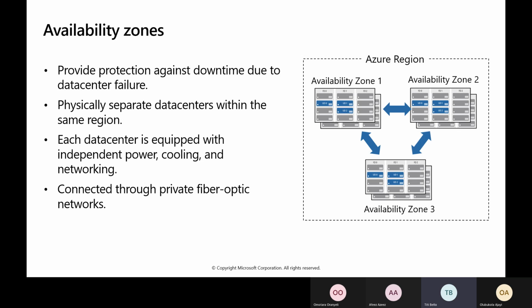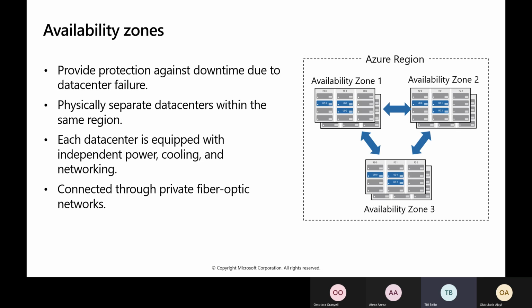You notice the services running in zone 1 are also running in zone 2 and zone 3. So like I said earlier, it protects against downtime due to data center failure. If data center 1 fails, it's going to automatically move to data center 2. Let's say the entire data center in that zone fails, it's going to fail over to another zone.